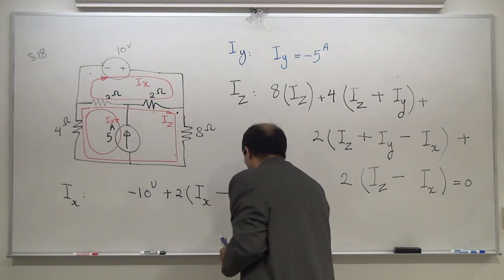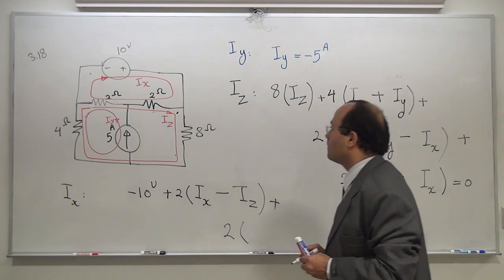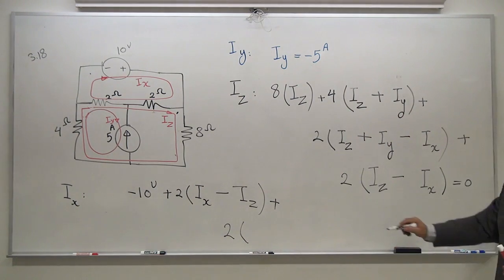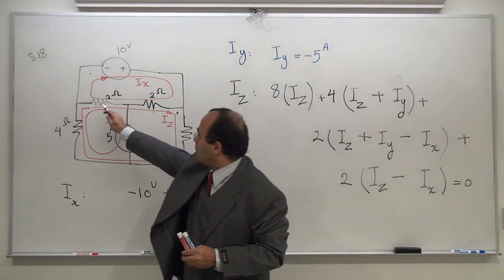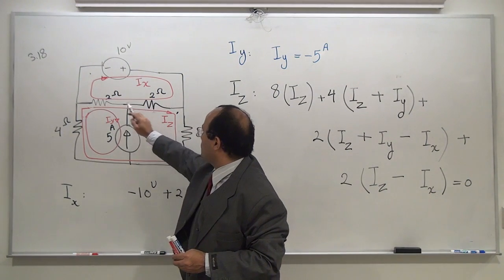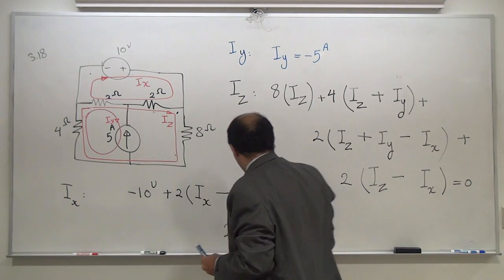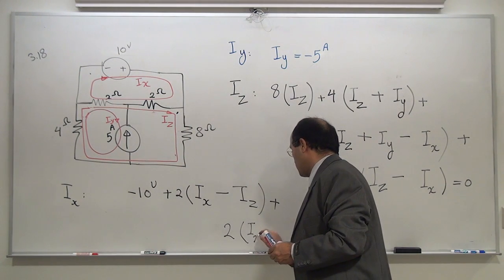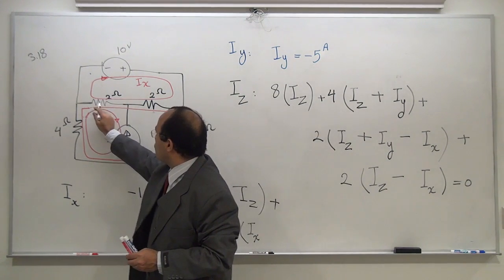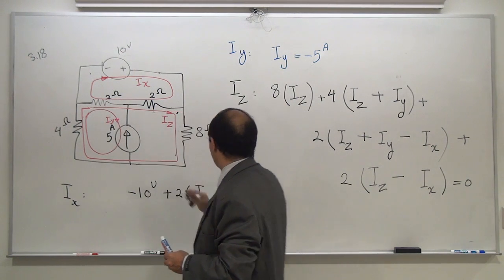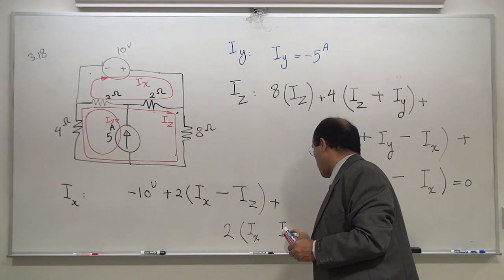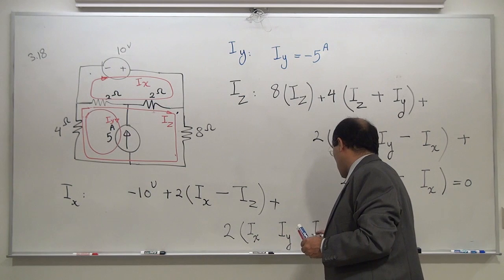Let's begin. I want to write it down on this side. This is the last 2 ohm. I did this one, I did this one, I need to do the 2 ohm. For this 2 ohm, Ix is the master. Obviously, this 2 ohm is interacting with Iy and Iz.